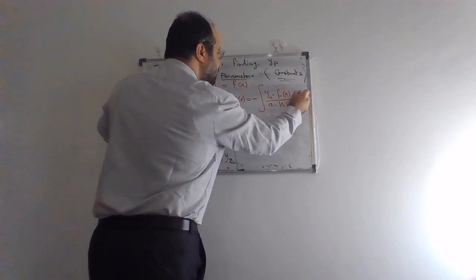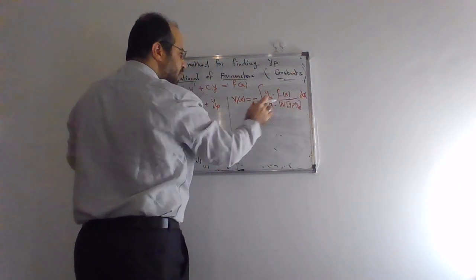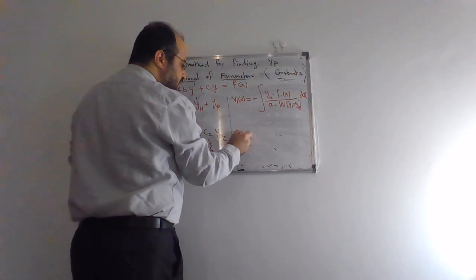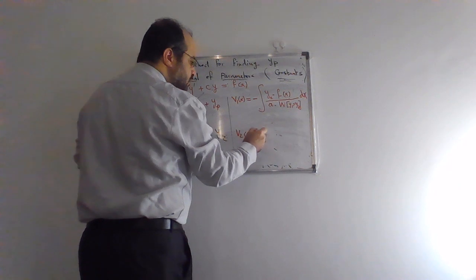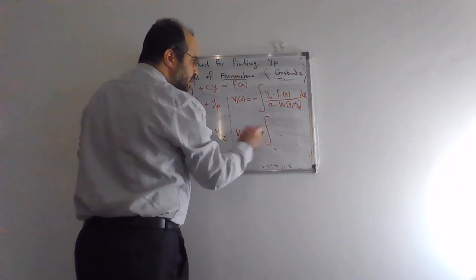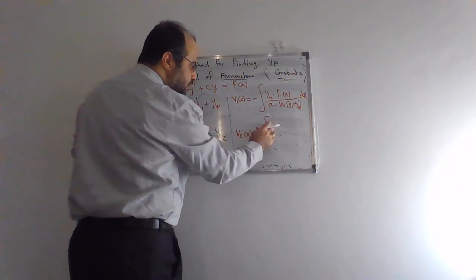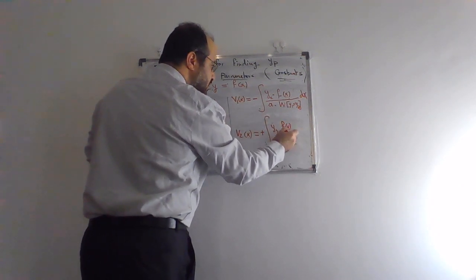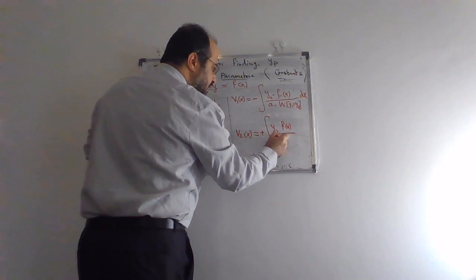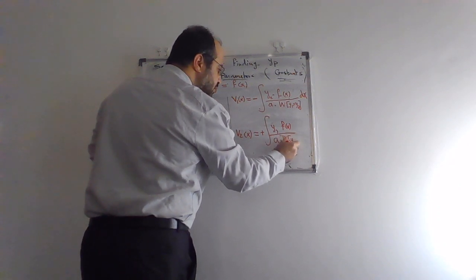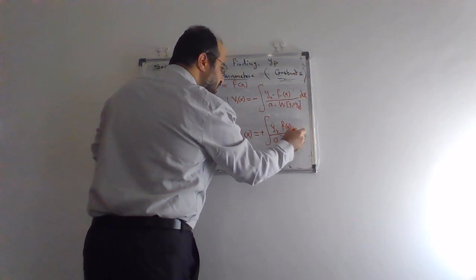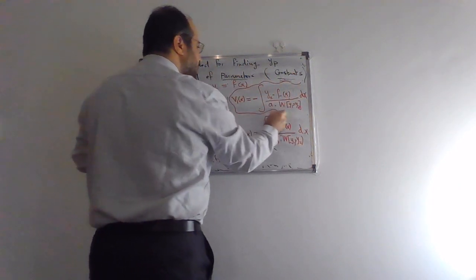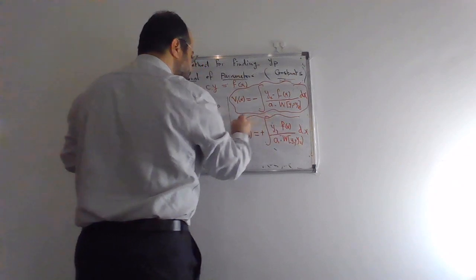You need to integrate that function with respect to x to get v1. Also for v2 of x, you need to memorize those formulas: you use y1 multiplied by f of x, divided by a times the Wronskian of y1, y2, and then dx. This is the way of building v1 and v2.